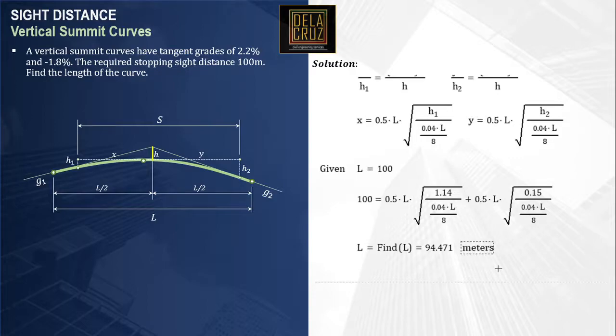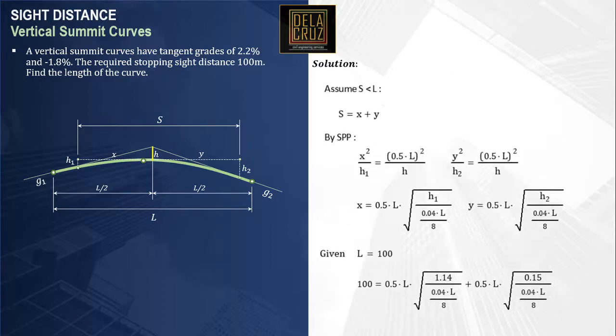Now, take note that we first assume that S is lesser than L. Now, as you can see, S is 100 meters. Take note, S is 100 meters. Now, this is actually greater than our L we calculated, which is 94.47. Okay? We got here 94.47.